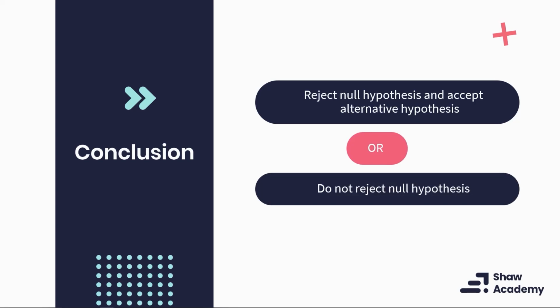If the test statistic does not fall in the rejection region, we do not reject the null hypothesis. We conclude that there is not enough evidence to infer that the alternative hypothesis is true. Once again, we never state the conclusions with absolute certainty, and therefore we do not say that we accept the null hypothesis.